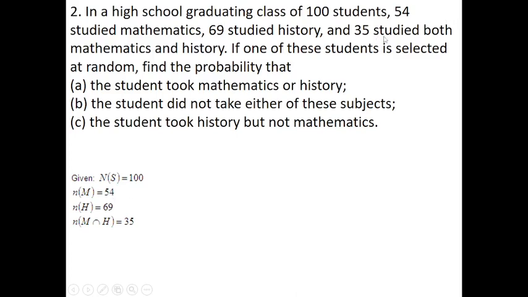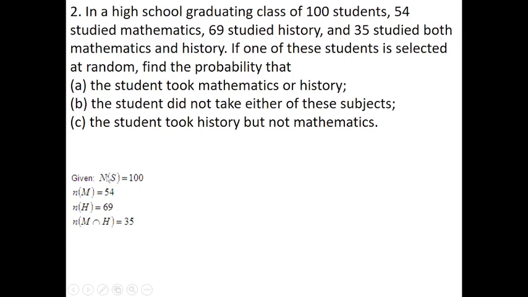And then 35 studied both mathematics and history. So this is the notation, no? Intersection symbol. 35 studied both mathematics and history. Math and history. So we have 35. Okay? So that is 35. 35 studied both mathematics and history.